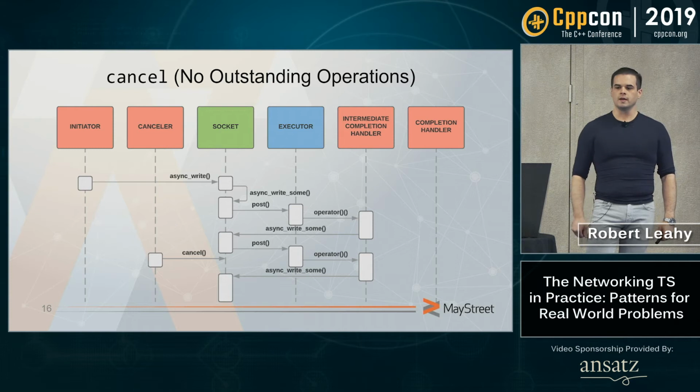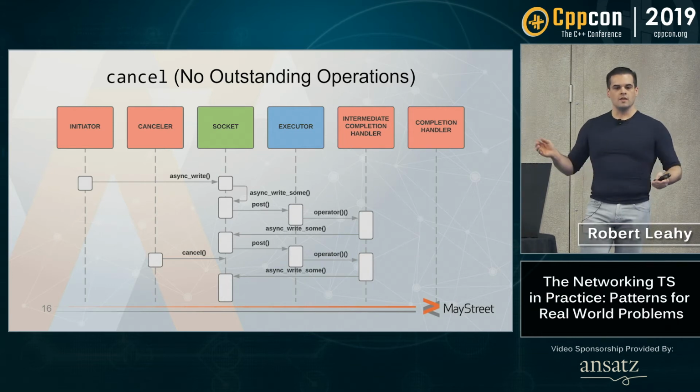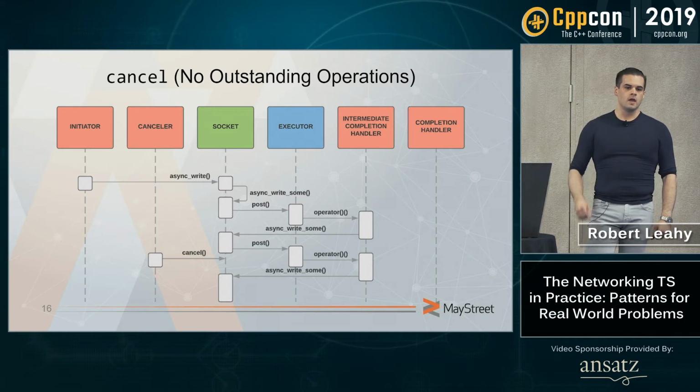It hadn't gotten around to doing that yet. And so when cancel comes along, it misses. There's nothing to cancel. And our timeout operation winds up and thinks everything is fine, and then AsyncWrite wakes up, sees that it wrote some of the bytes, but not all of them yet, and goes right back to writing. And the write just continues until it completes naturally, which is exactly what we set out to avoid at the beginning.